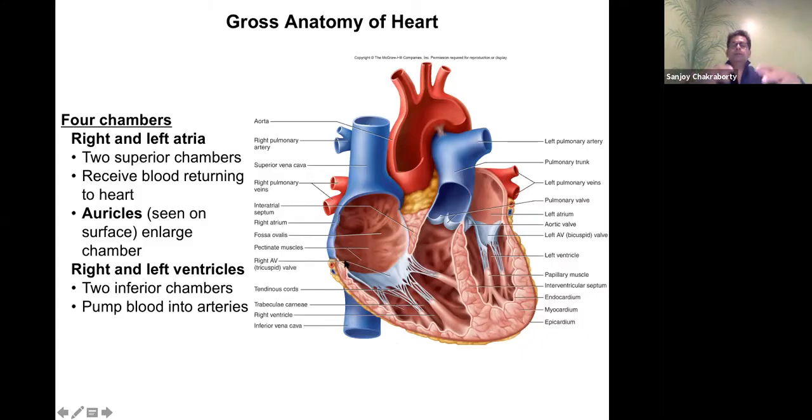When the blood comes in, it kind of pops up a little bit. This extended area is called auricles. This side will be called the right auricle, and the same thing on the left side, we call the left auricle. Auricle literally means extended area. So that expandable area of the atria is called auricles.